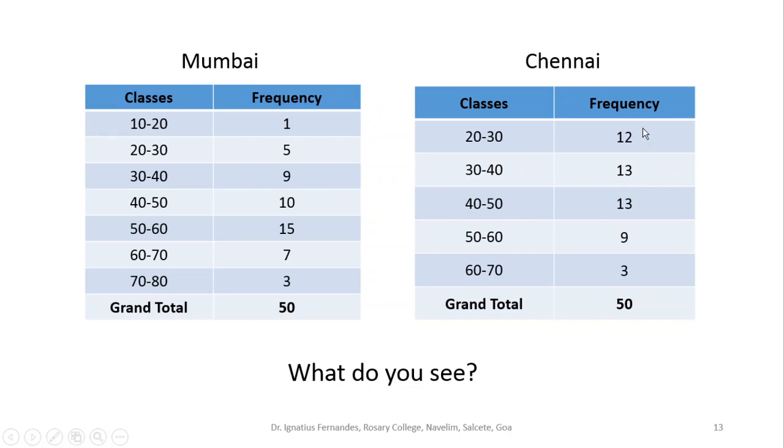So you can say that more Chennai restaurants are on the lower side as compared to Mumbai, and more Mumbai restaurants are on the higher side. Whereas for Chennai, at the higher values there are fewer entries, the frequencies are lesser. So in this initial observation, we can say that a meal is cheaper in Chennai as compared to Mumbai.